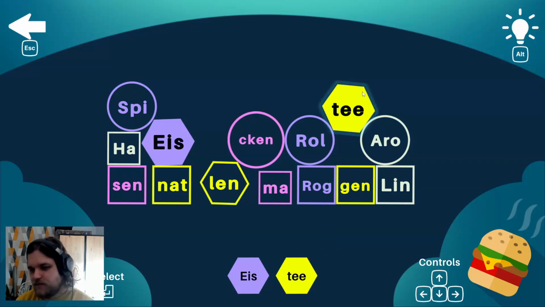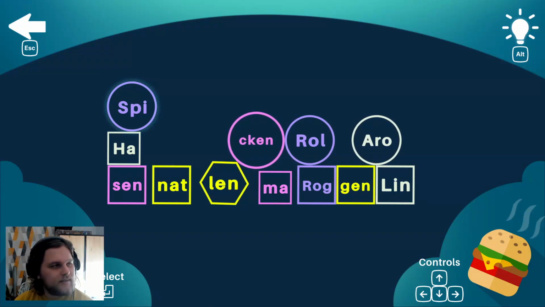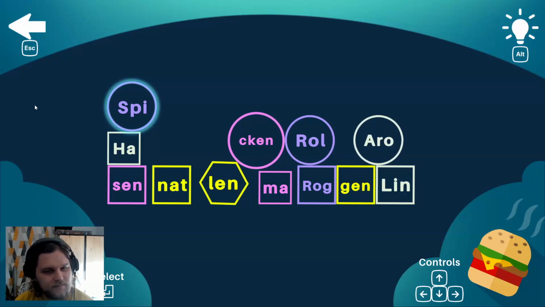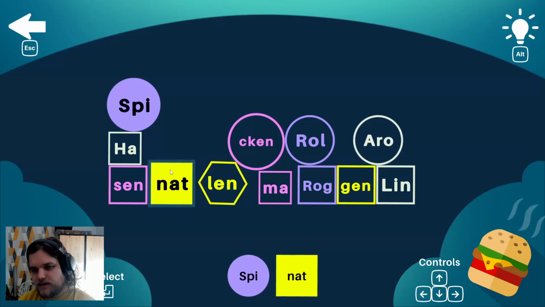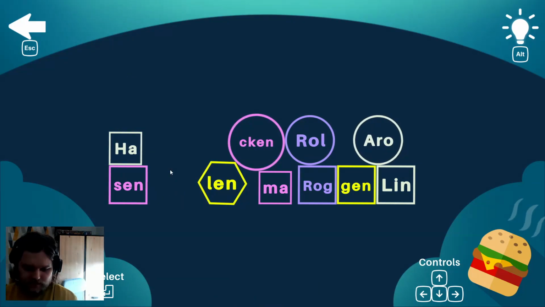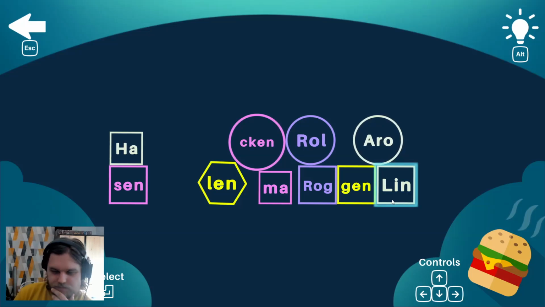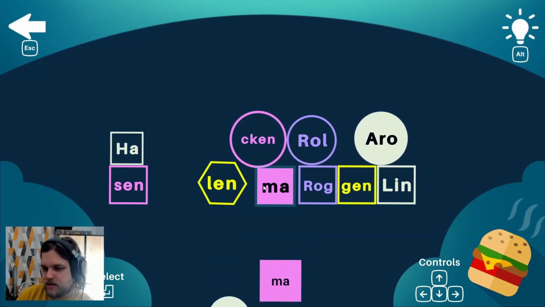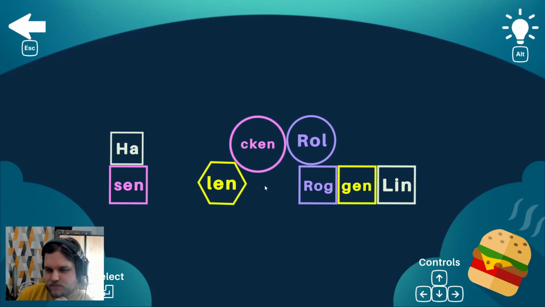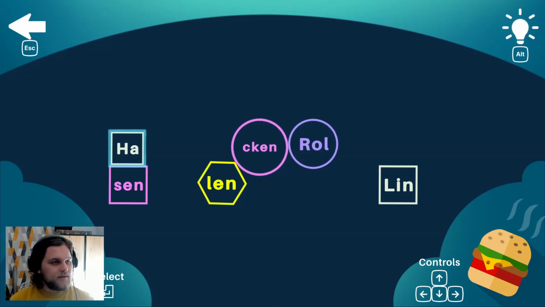D maybe? Okay. Sense. Bison? Probably not. Peanut, of course. Spinach. Maybe aroma. Okay, then.